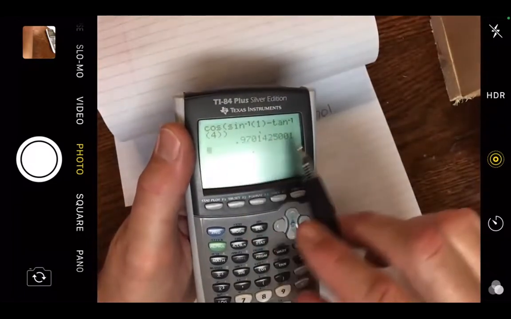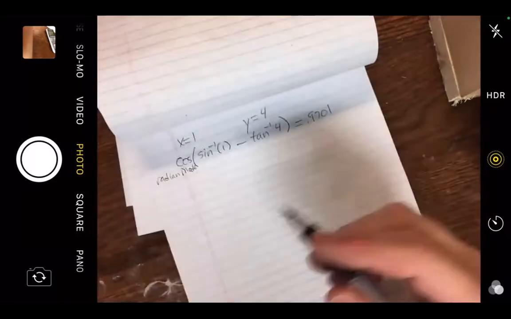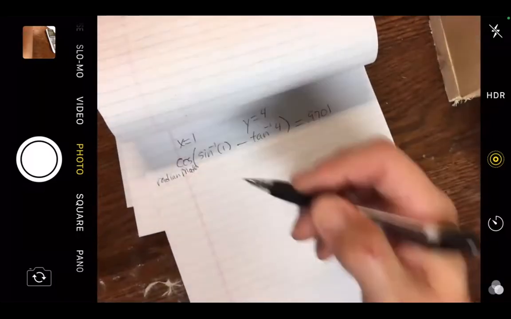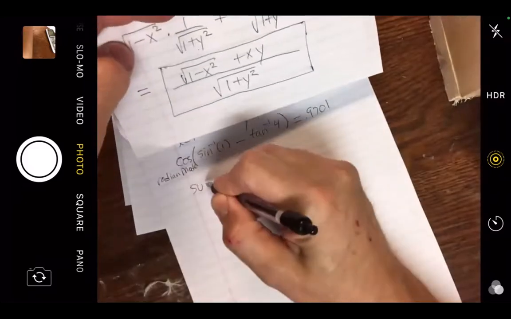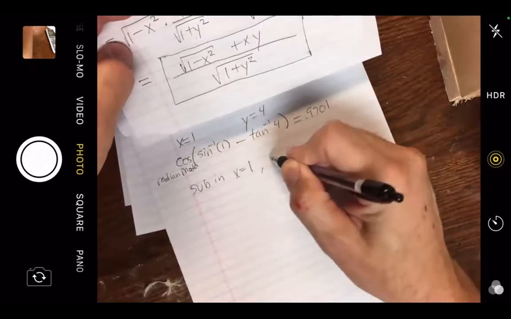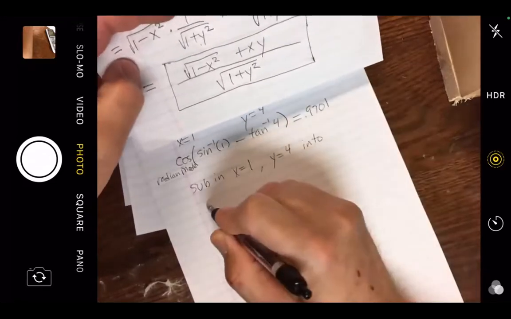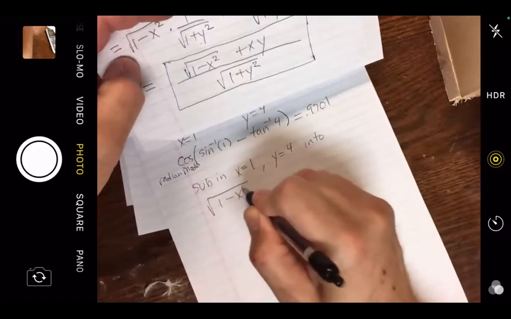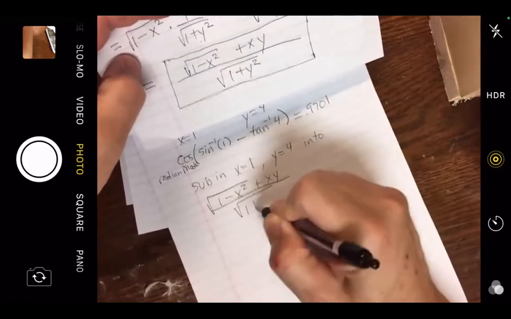So that's the beauty of these calculators. You can use the direct math labels, whereas for hundreds of years, people had to punch it with the formula at the bottom of the page. I'm going to sub in x equals 1 and y equals 4 into the square root of 1 minus x squared plus xy over the square root of 1 plus y squared.